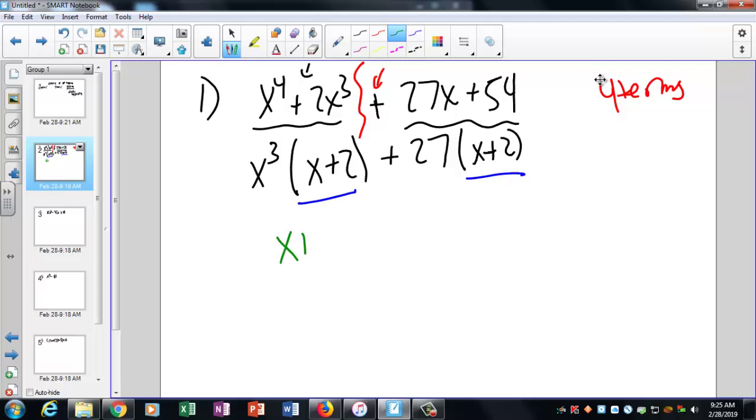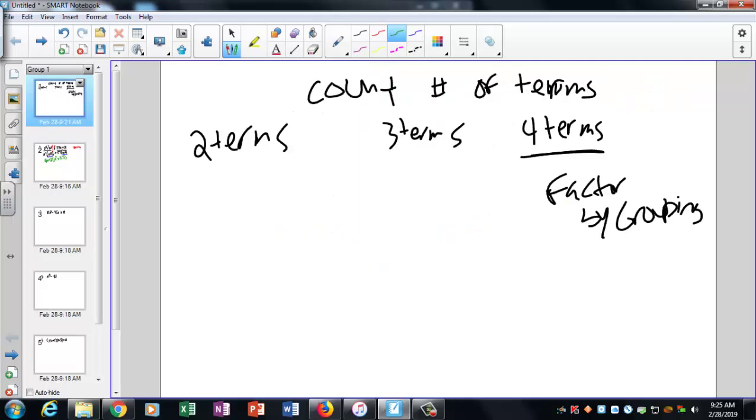All right? If we take the x plus 2 out, what are we left with? X cubed plus 27. Now, when we have a binomial and the exponent is not 1, a red flag goes up.